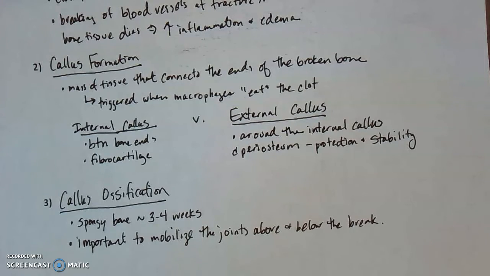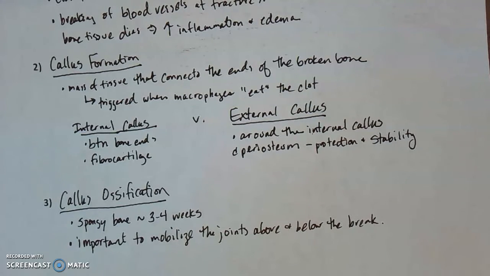So a lot of times if you break your tibia, which is your lower leg bone, your ankle and your knee are going to be immobilized. But it also depends on where the break is. Some bones, they might not be able to immobilize fully. If you break your pelvis, you can get a body cast, but a lot of times you'll be bedridden for a while. There are other bones, your humerus. That is usually one that you might see depending on where the break is.